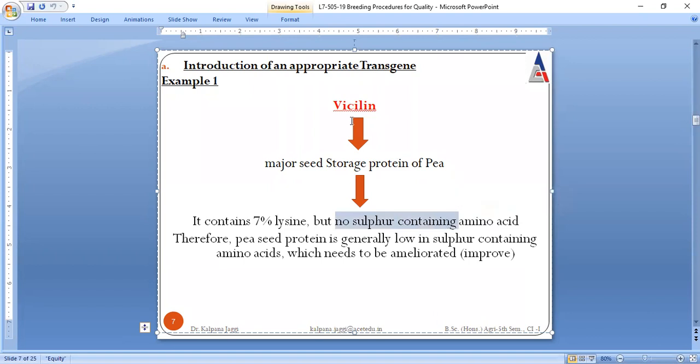That means it is although rich in the lysine amino acid, it has a very low amount of sulfur containing amino acids. And this is only to be improved as a result of the introduction of an appropriate transgene, right? This is one example.